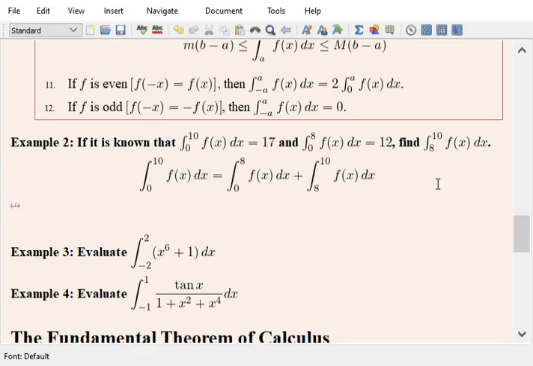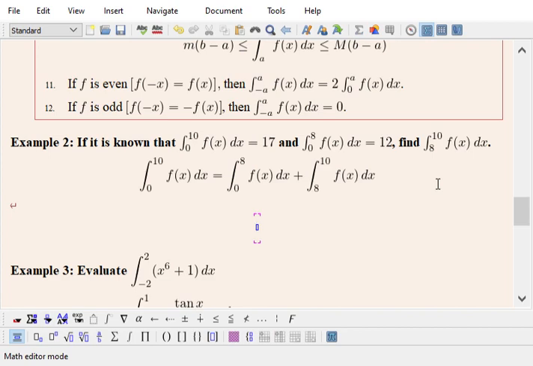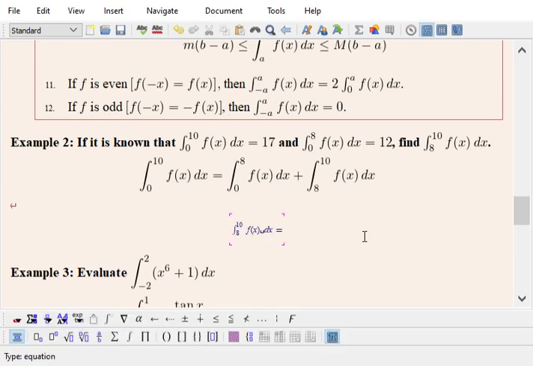So, just rearranging things, we want to know what the integral from 8 to 10 is. So that's just the integral from 0 to 10 minus the integral from 0 to 8.